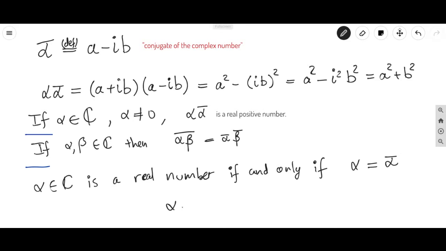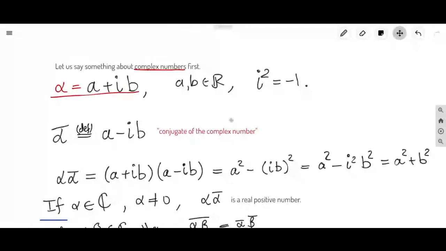Okay, so for example, if alpha is equal to 5, you would write 5 is equal to 5 plus 0i, and then alpha conjugate would be equal to 5 minus 0i, but that's the same thing as just 5. So alpha is 5 and its conjugate is 5. So this is a very simple thing to understand, that if you have a complex number and it's equal to its conjugate, if the conjugate does not change the number, then it means the number has to be real. Because if you have a plus ib and you replace it by its conjugate, you have a minus ib.